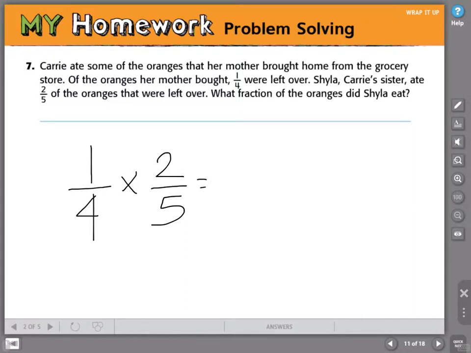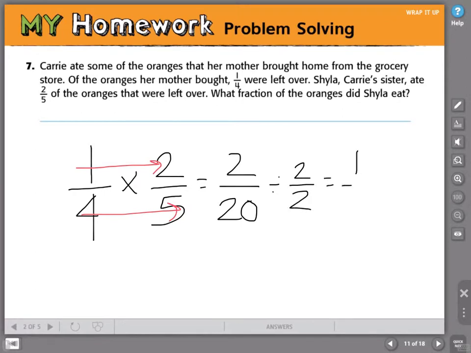To find the product, we can simply multiply the numerators, multiply the denominators. 2/20. This is not in its simplest form. Both of these numbers can be divided by 2. My simplest form is 1/10. Shyla ate 1/10 of the oranges.